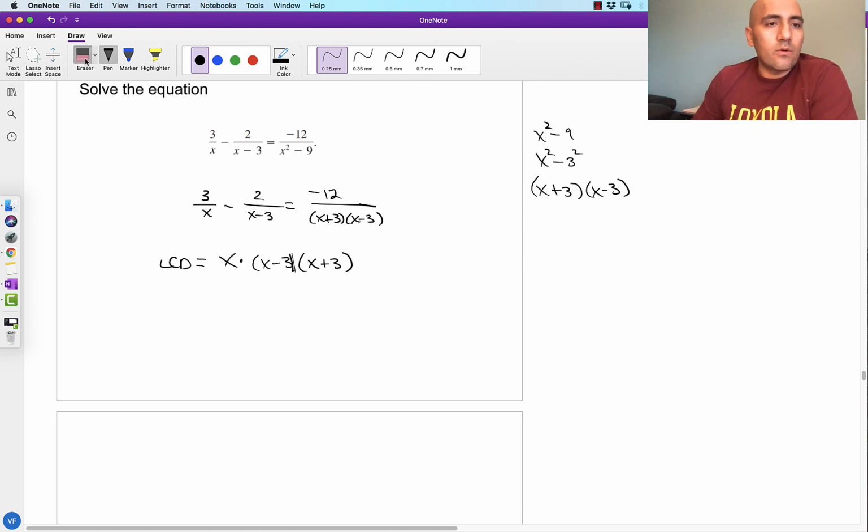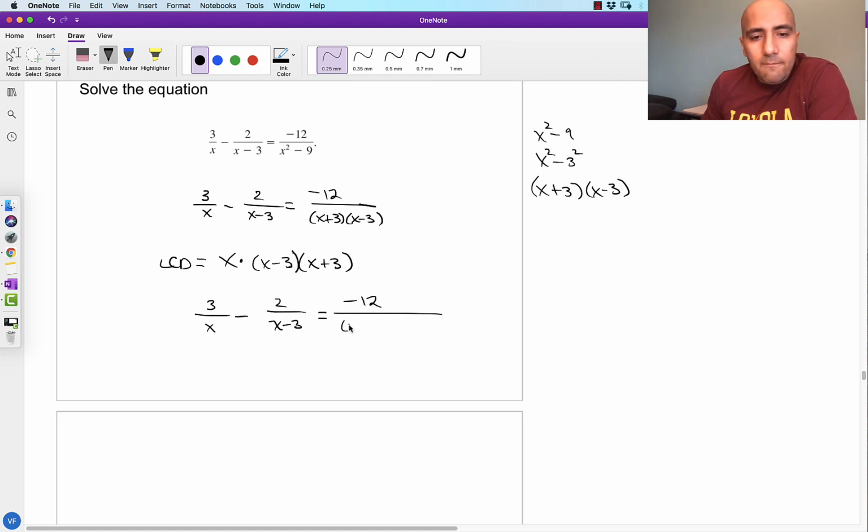And so using one of each of those, we'll be able to get the least common denominator. Okay, so I'm going to copy it here. 3 over x minus 2 over x minus 3 equals negative 12 divided by x plus 3, x minus 3.